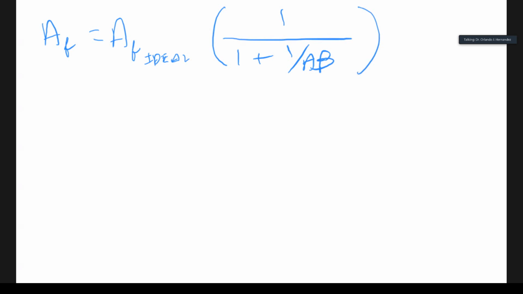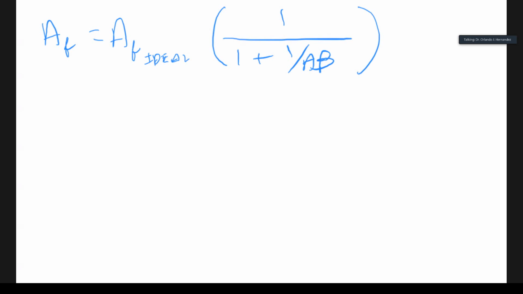A sub f is the closed loop gain of the system, what we really care about. But A times beta is just the loop gain, because it comprehends the forward gain A and the feedback network gain beta.